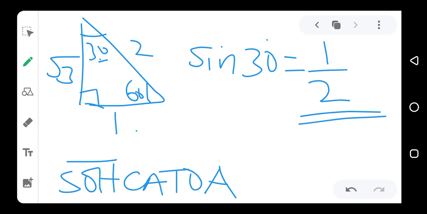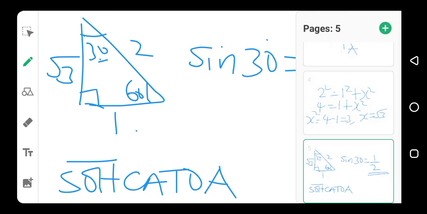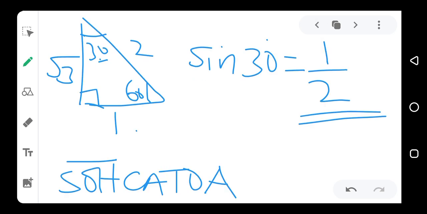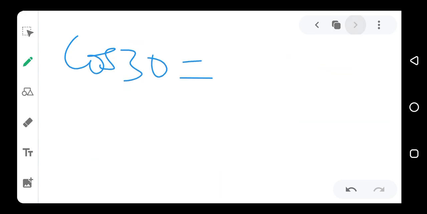Now let's look at cos 30, considering the same angle. Cosine 30 is equal to adjacent over hypotenuse. Adjacent here now is root 3 and hypotenuse is still 2. So cos 30 is equal to root 3 over 2.